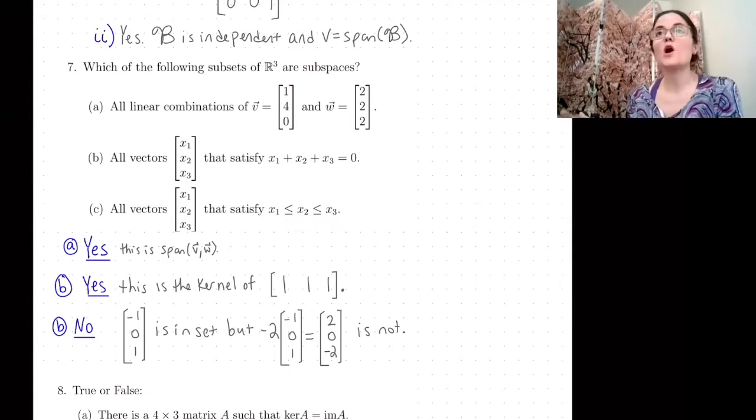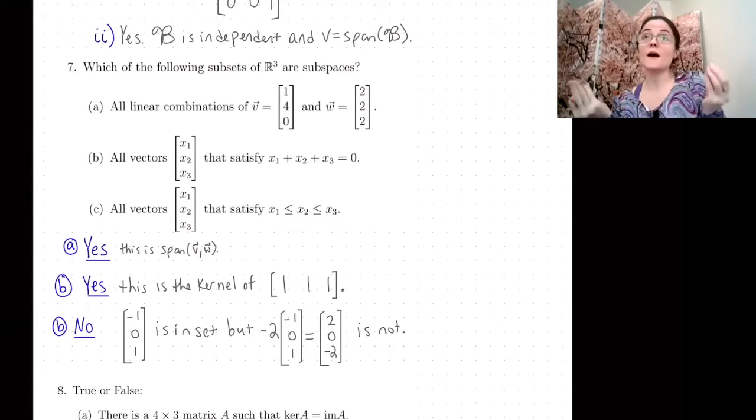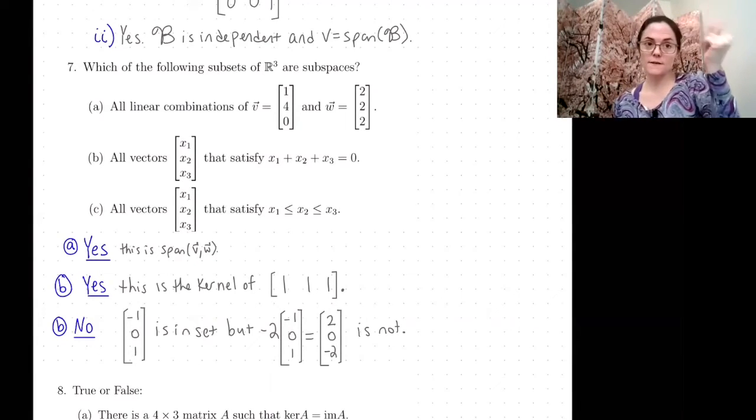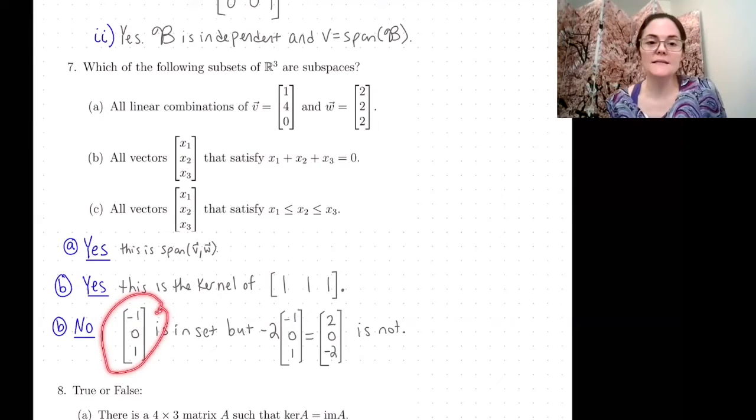Well, we know about subspaces. Okay, if we go back to what is a subspace, you have two vectors in the subspace, the sum has got to be in the subspace. Then you have a vector in the subspace, you take some multiple, it has to be in the subspace. And then the third thing is that 0 must be in the subspace. So here's a vector that is without a doubt in this set, because -1 is less than or equal to 0 is less than or equal to 1.